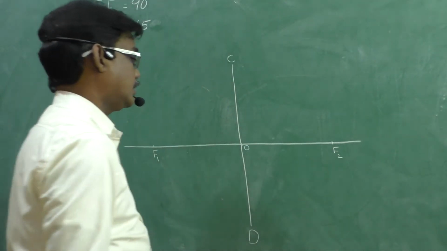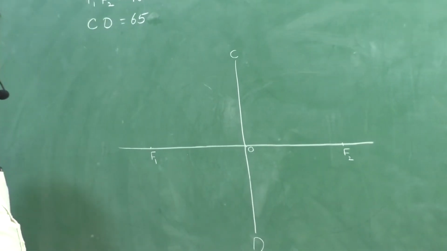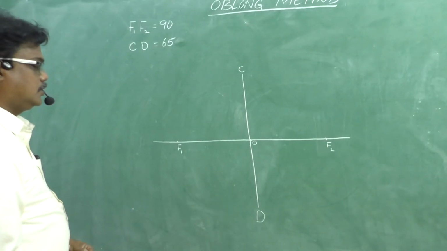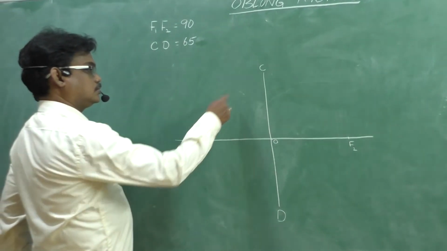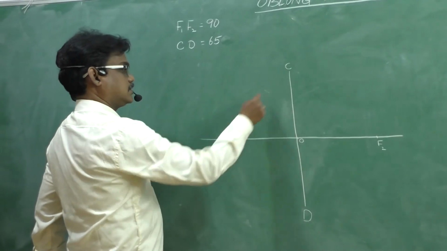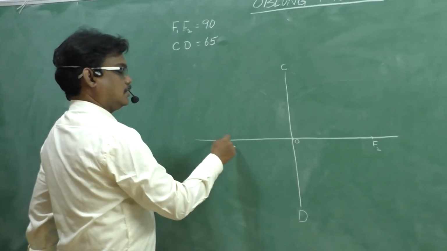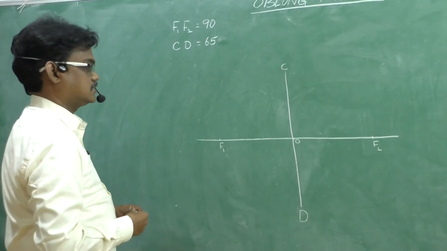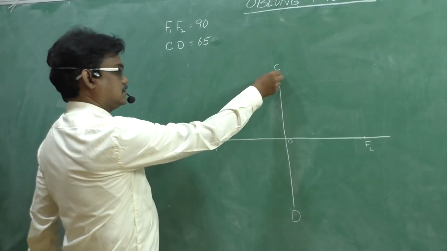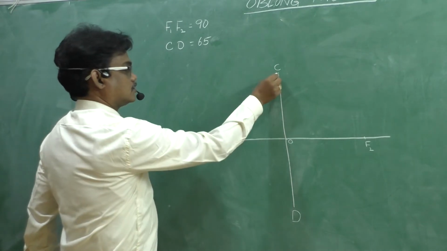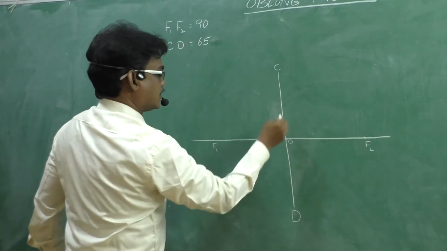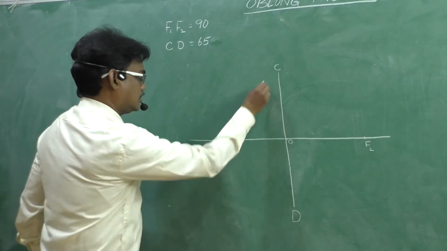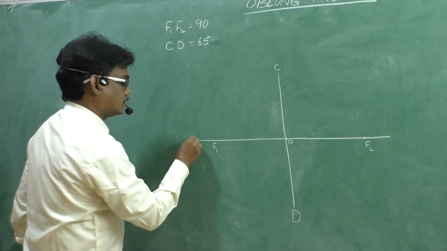Now, the property of the ellipse here: the distance F1 to C is nothing but half of the major axis, or the semi-major axis. Consider this distance CF1 or CF2, and with O as center and that radius, draw an arc.